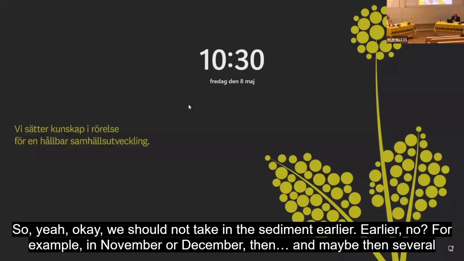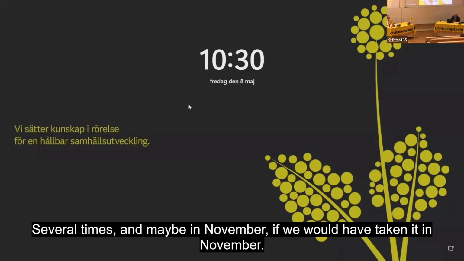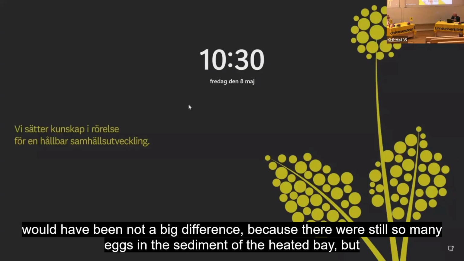So, yeah, okay, we should have taken the sediment earlier. For example, in November or December, and maybe several times. If we had taken it in November, there might not have been a big difference because there were still so many eggs in the sediment of the heated bay.